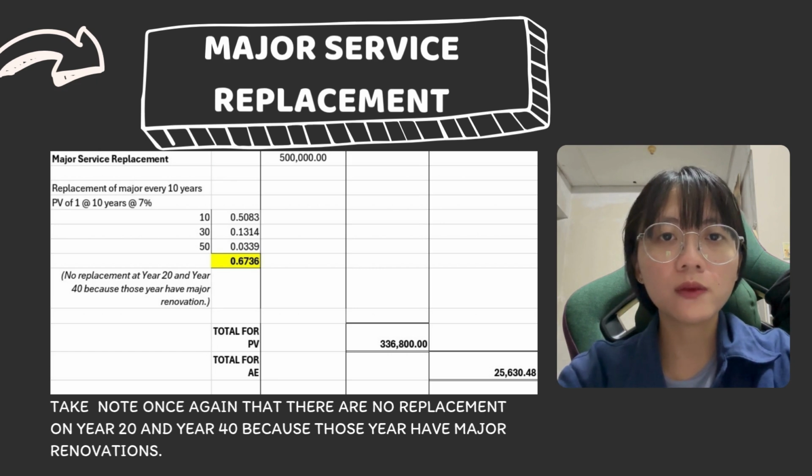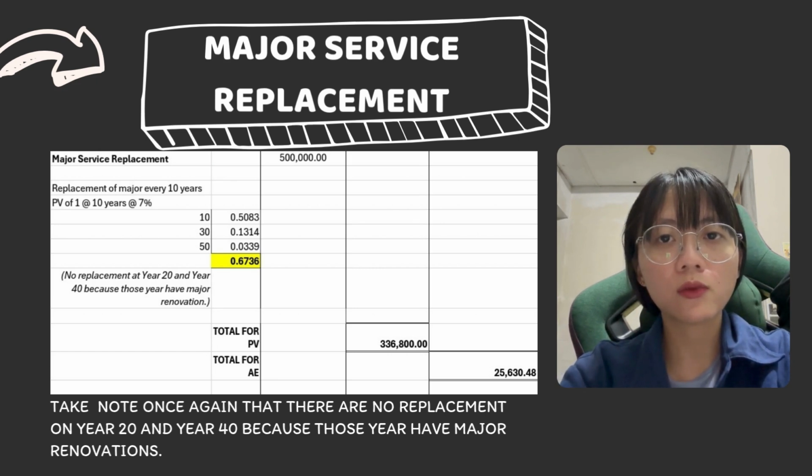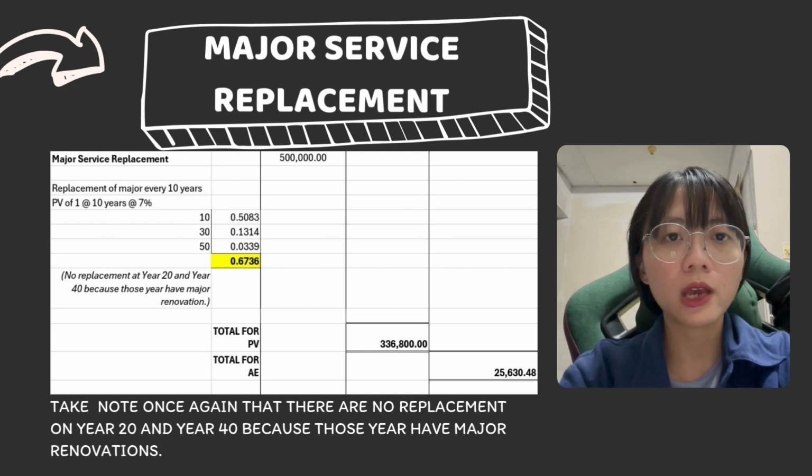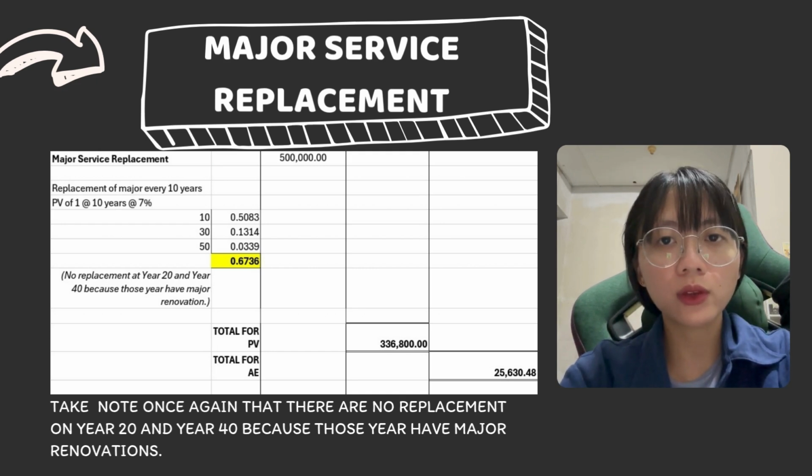To determine the present value of these future costs, a discount rate of 7% is applied. These present value factors are 0.5083 for year 10, 0.1314 for year 30, and 0.0339 for year 50. These values give a total present value factor of 0.6736.